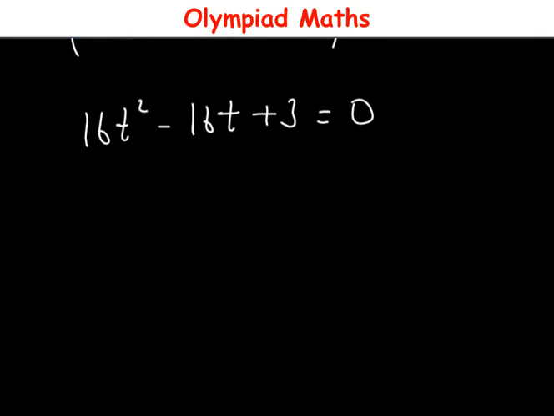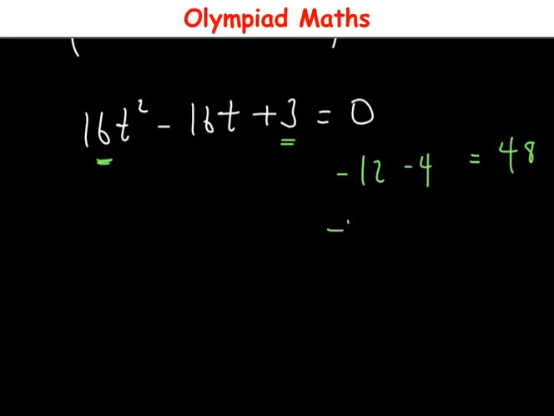So with this, we have a quadratic equation. To solve this, we're going to make use of the factorization method. So 16 multiplied by 3 will give us 48. And the factors of 48 are 12 and 4. If we say minus 12 times minus 4, that will give us 48.